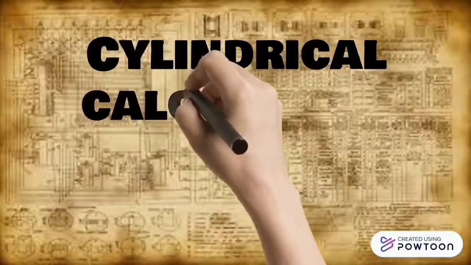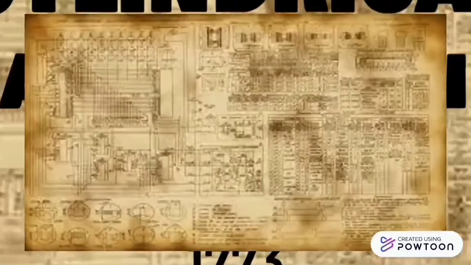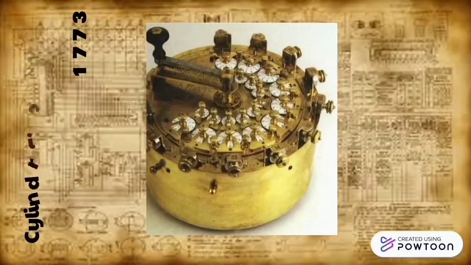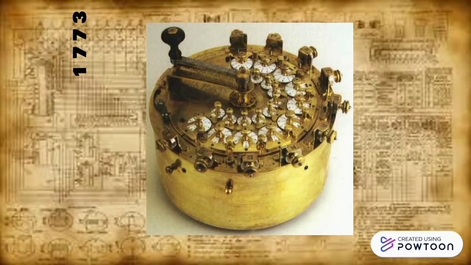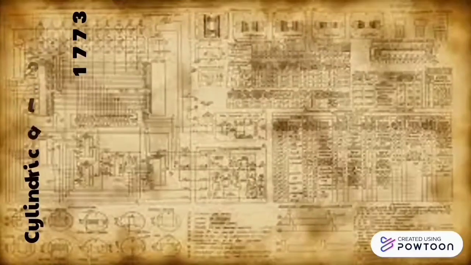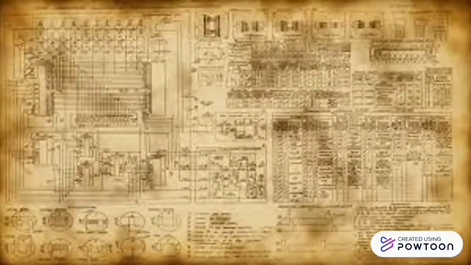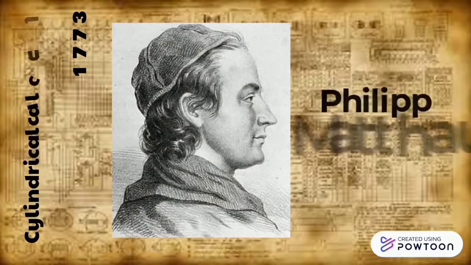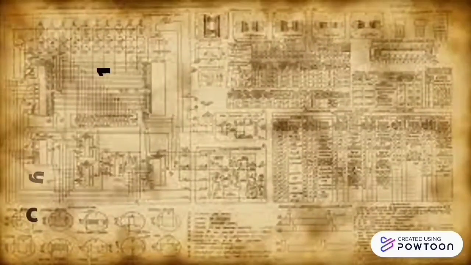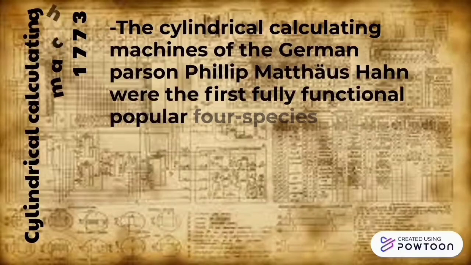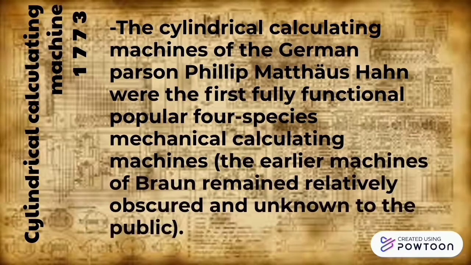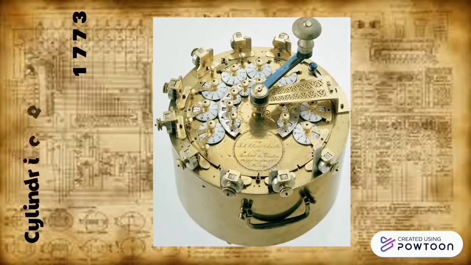In 1773, the first functional calculator was invented. The cylindrical calculating machines of the German Philipp Matthias Hahn were the first fully functional, popular four-species mechanical calculating machines. The first working copy of the device was ready in 1773, but was demonstrated as late as 1778.